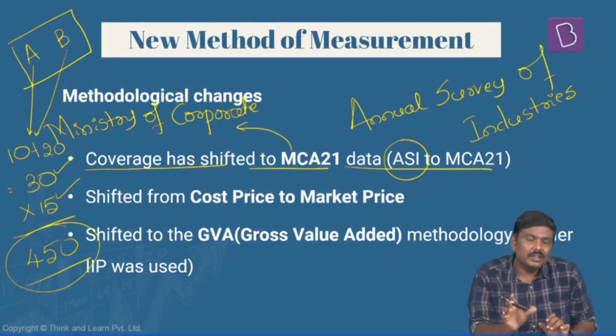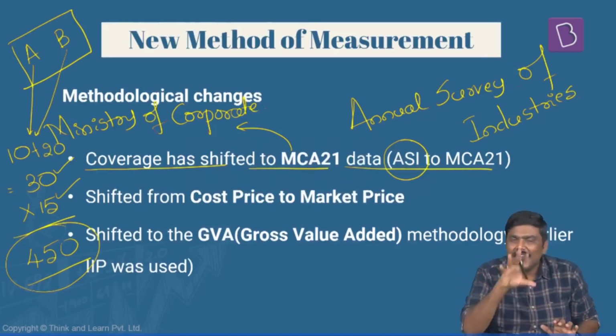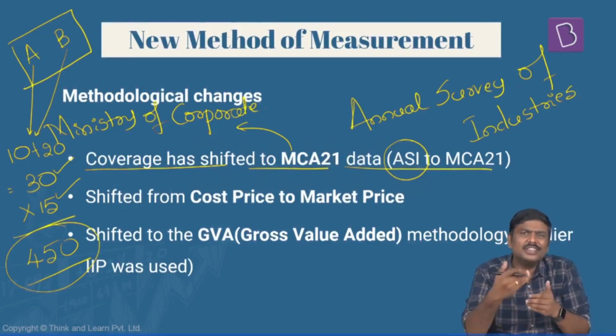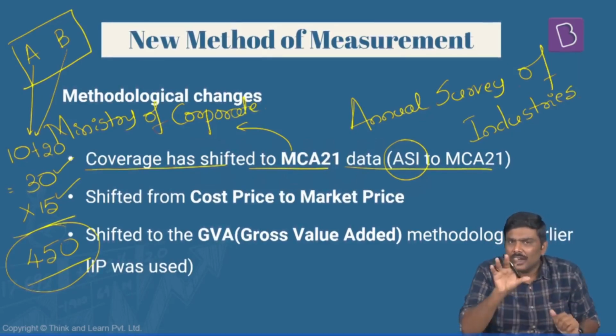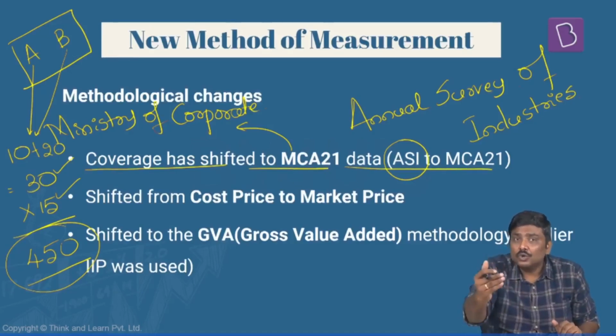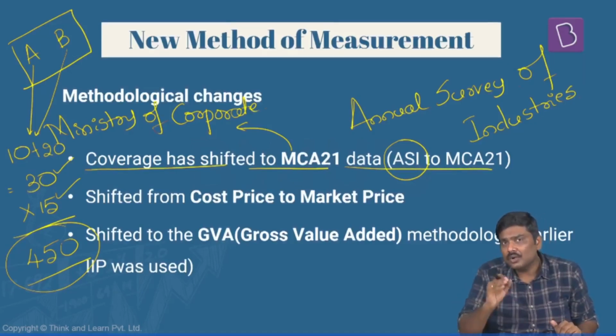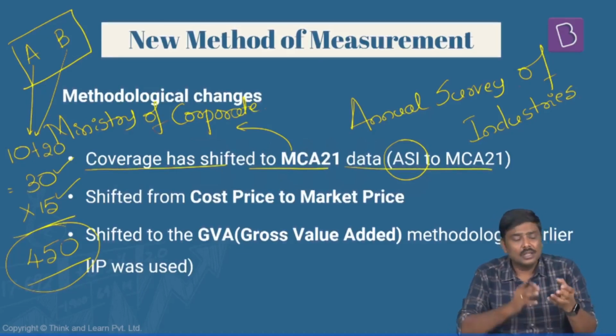So rather than this, we are using a system wherein we have identified lakhs of companies, more than 3 lakh companies right now. We have asked these companies to report their production data to NSO for a simple reason.